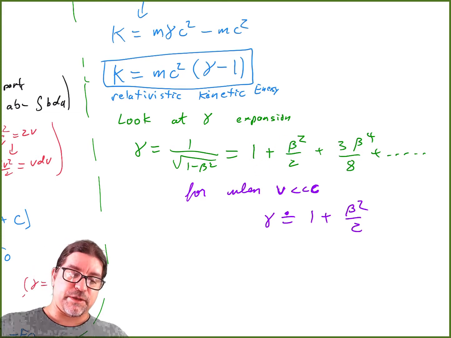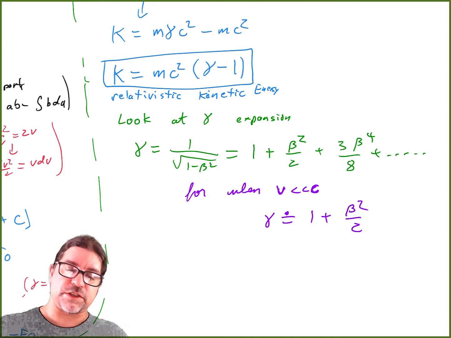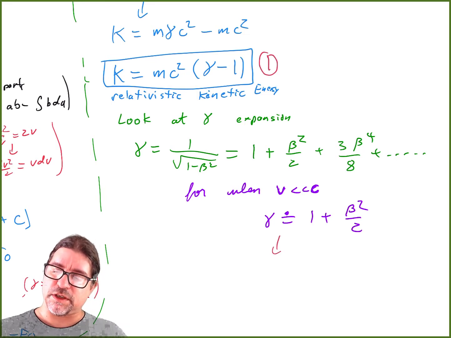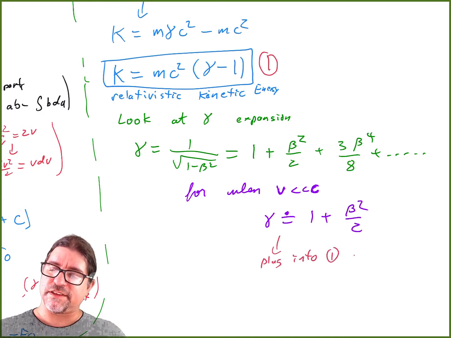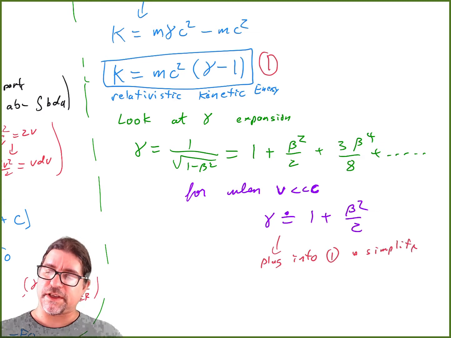And let's call this equation 1. If I were to plug this into 1 and simplify, and I'll leave that as an exercise, you can show that kinetic energy is approximately 1/2 mv squared.